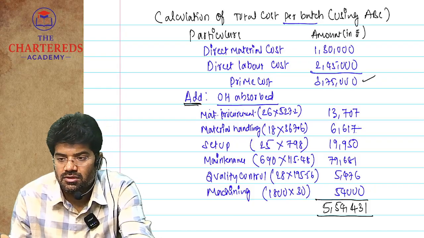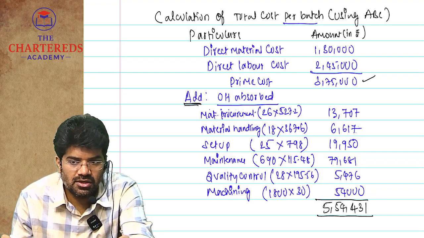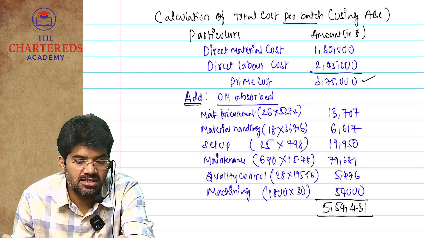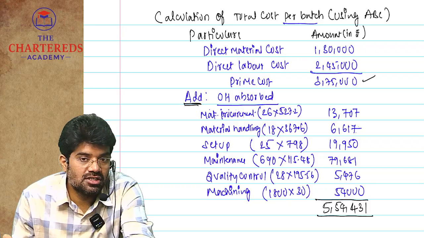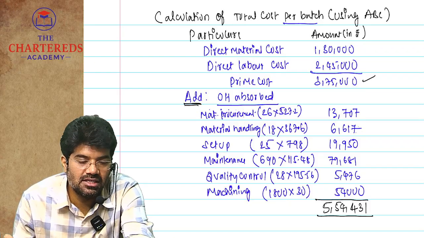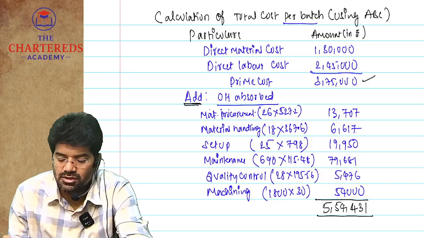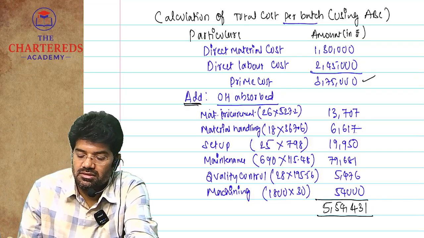How much did you get? 5,54,431. So is this cost per batch or cost per unit? Per batch. If they ask for cost per unit, then we should divide this by the number of units, 2,600 in a batch. They asked only cost per batch.